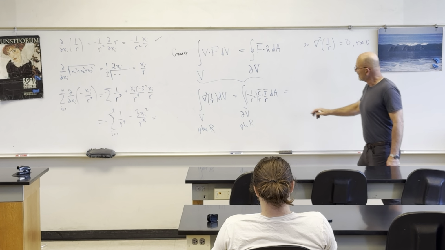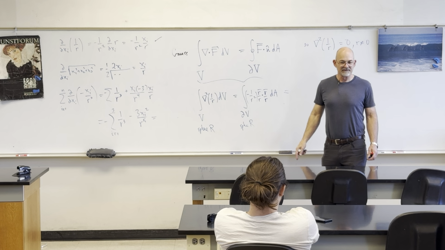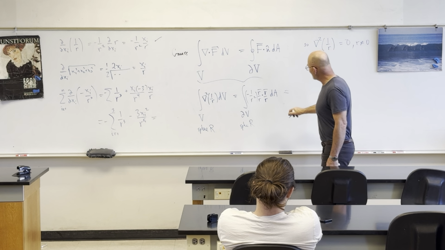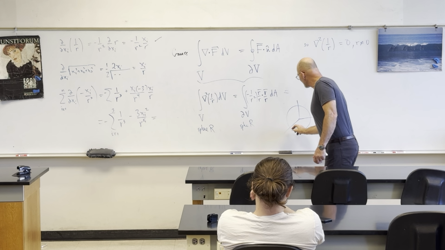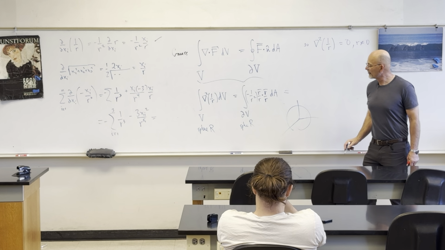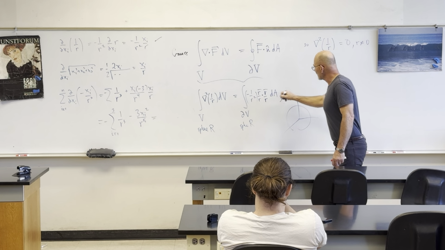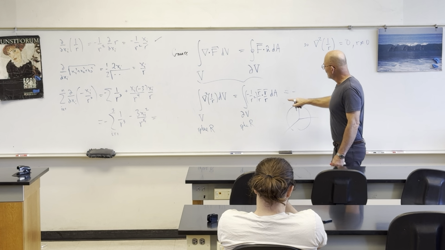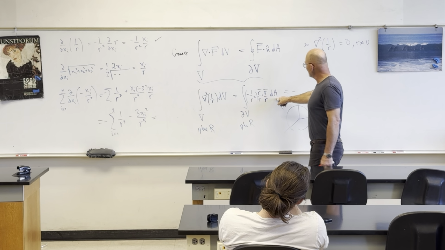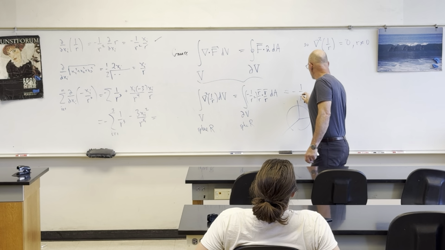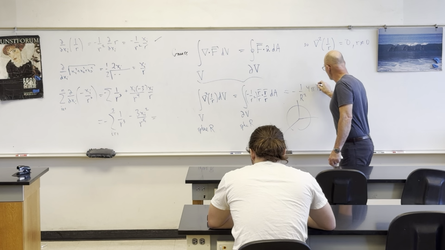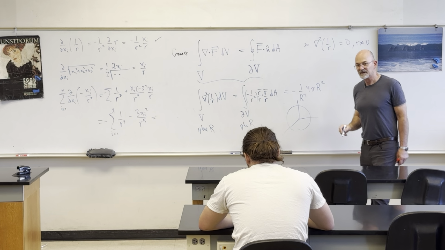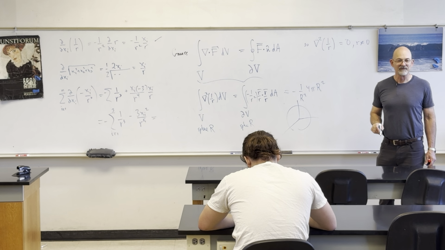These are two unit vectors. They're pointing radially outward. Dot product just gives us a 1. It's being evaluated on the surface of that sphere here, which is at radius r. So we'll keep the minus sign. We've got 1 over r squared d area, 4 pi r squared. Make sense?